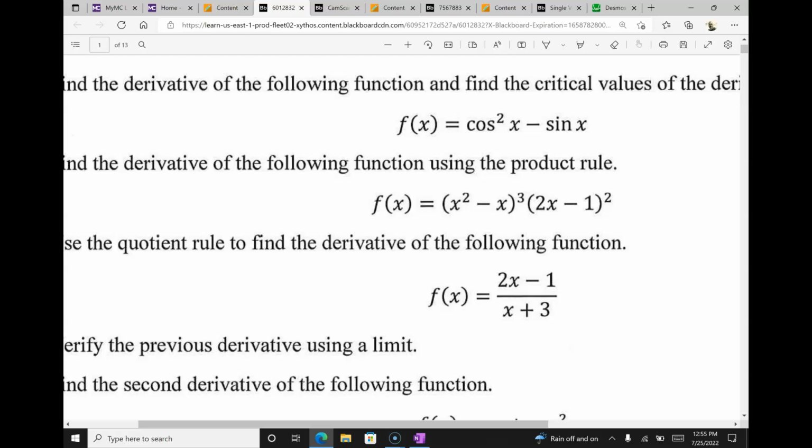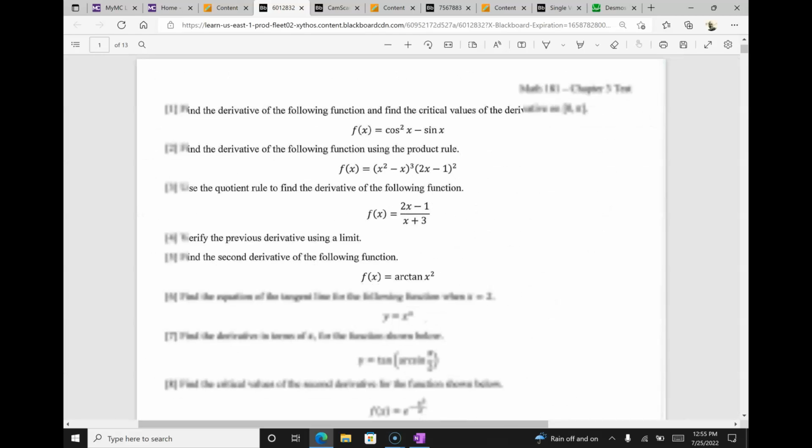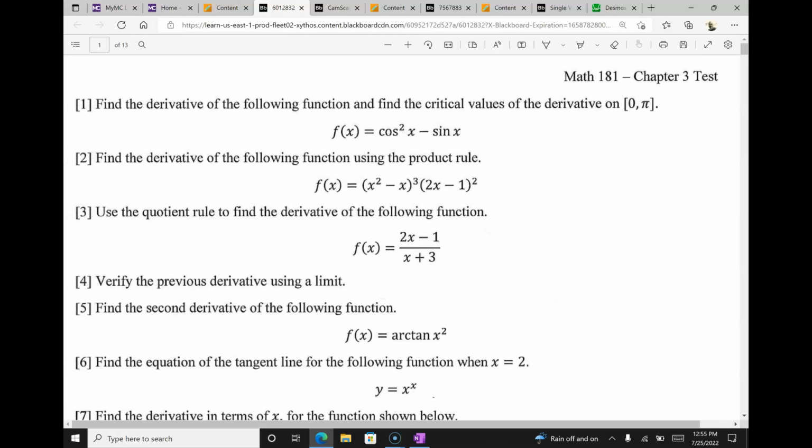Chapter 3 test. It's right there on the screen if you don't want to look for it. Chapter 3 test solutions, right? Problem number 2.